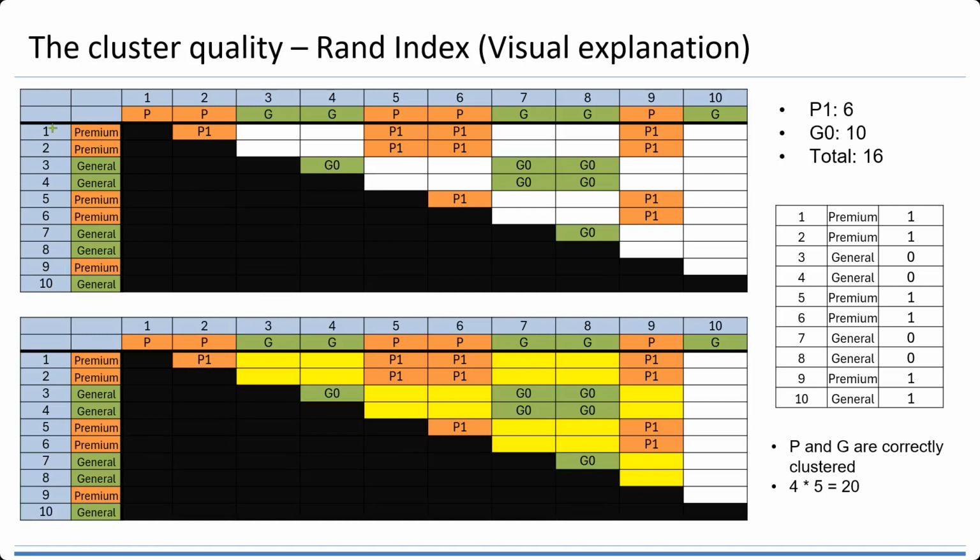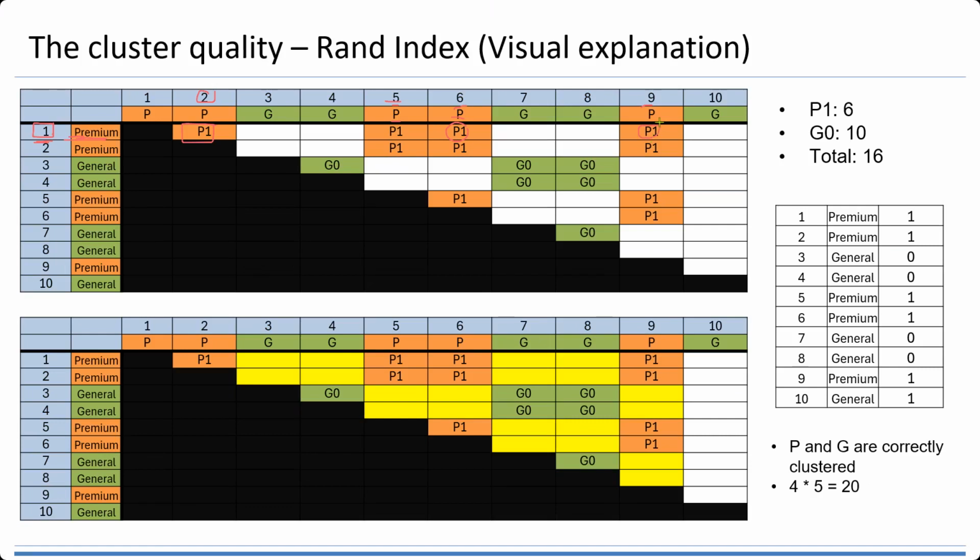So you can check from data number 1 and 2. Okay, they are similar and they are correct. 1 and 5, they are similar because both of them, they are in the premium and they are in the same clusters. 1 and 6, they are premium and they are in the same clusters. 1 and 9, they are premium and they are in the same clusters.